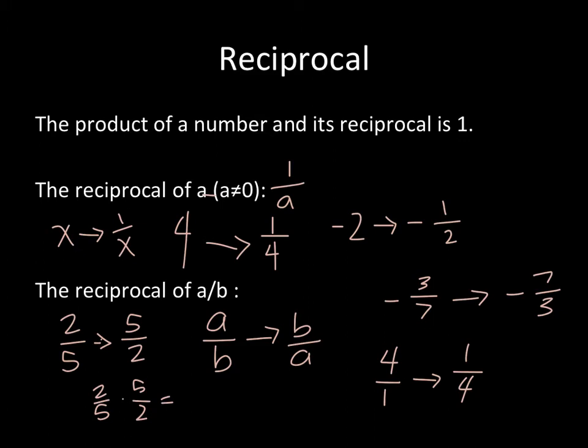When we multiply fractions, we just multiply across. 2 times 5 is 10. 5 times 2 is 10. 10 over 10 is just 1. So any number multiplied by its reciprocal is positive 1. As long as you know how to find the reciprocal, you should be good.